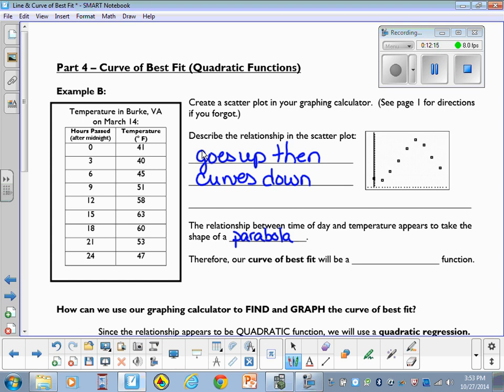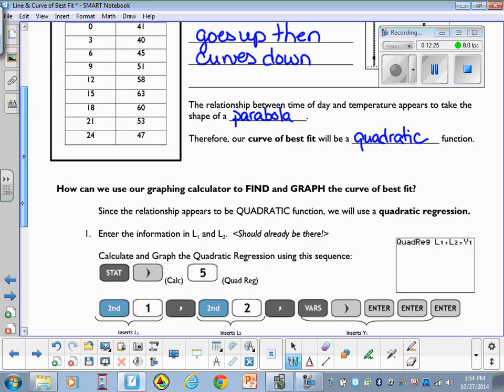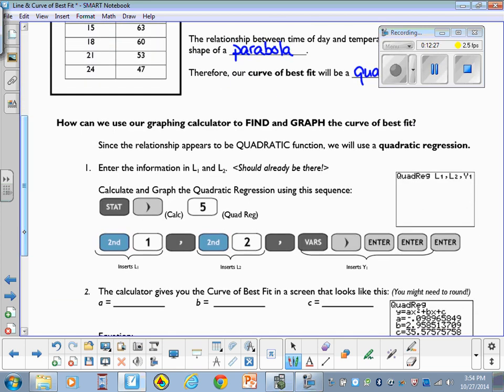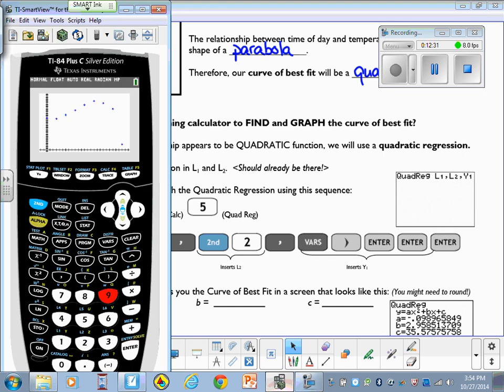Therefore, our curve of best fit is going to be a quadratic function. So, how do we use our calculator to do this? Well, stat, calc, and I want quadratic regression, which is number 5.